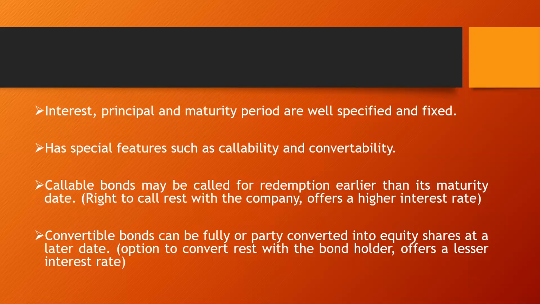So the company might be at a disadvantage when the investor converts the bonds into equity shares. Therefore, the interest rate that is offered for these bonds is comparatively lesser. So there is a callable bond and a convertible bond. Bond valuation is the calculation of the intrinsic value of the bond and deciding whether we should hold the bond till maturity or sell it off before the end of the holding period.